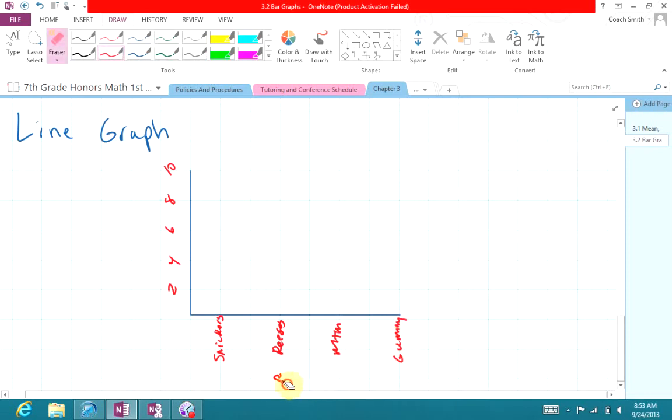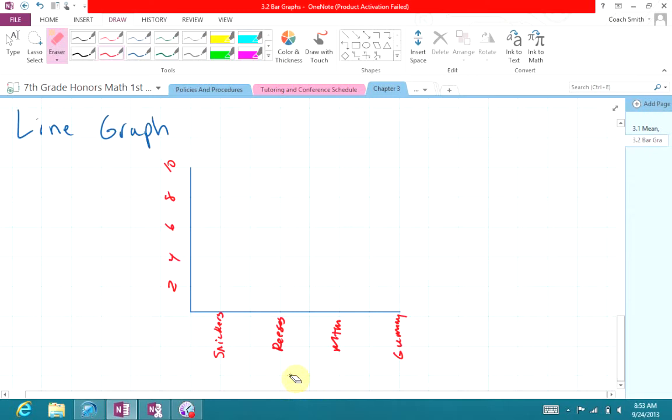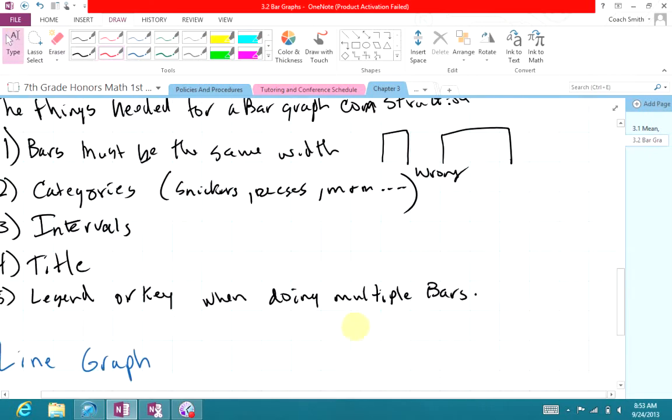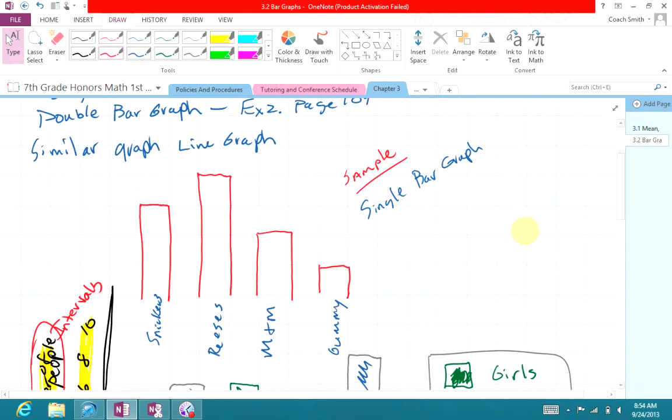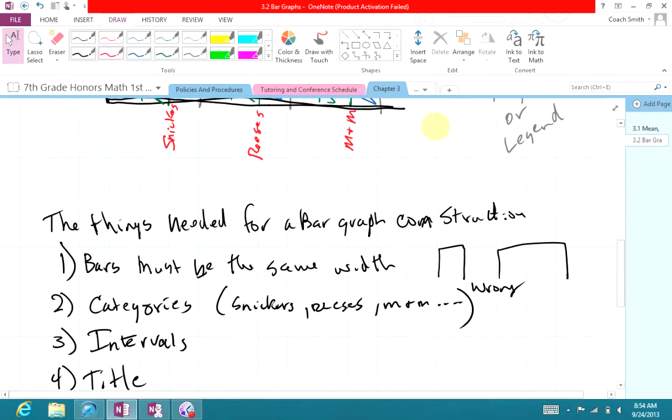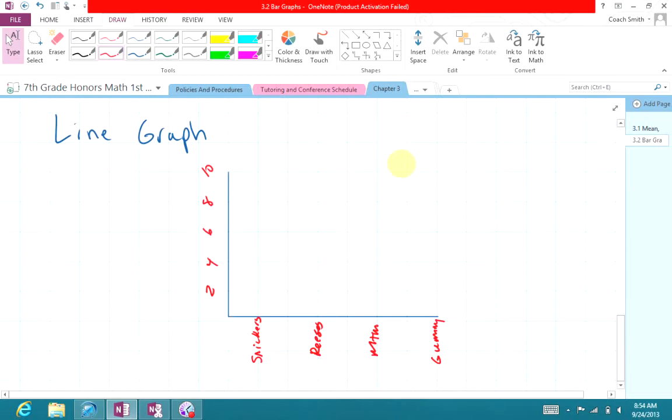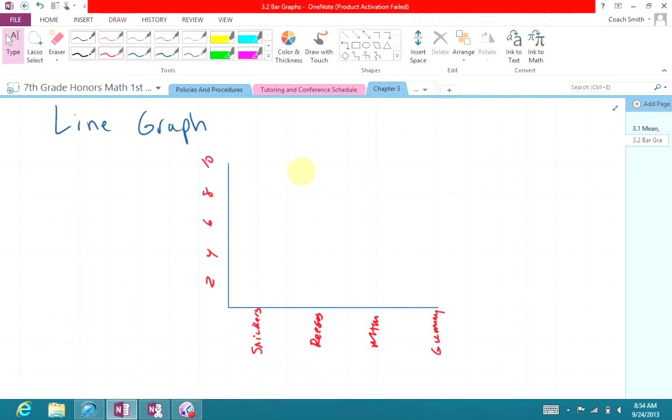Okay. Now, if I go up to my first graph, I'll go back down to that one. Just bear with me. And let's say this is 2, 4, 6, 8. So at Snickers, we had 6 of them. So I go down here to my line graph, and I go Snickers, and I go up to the 6, and I put a dot.